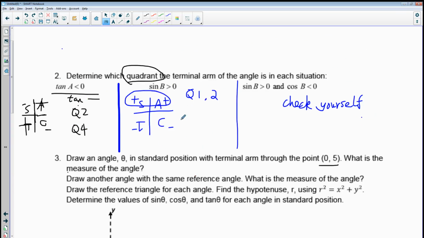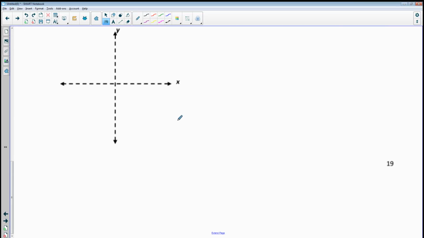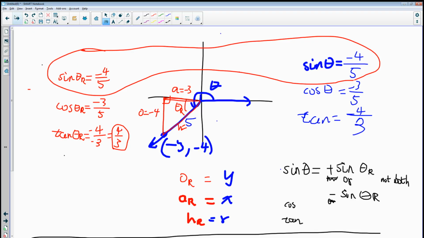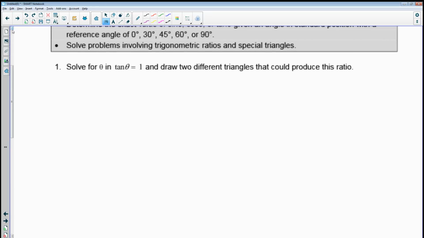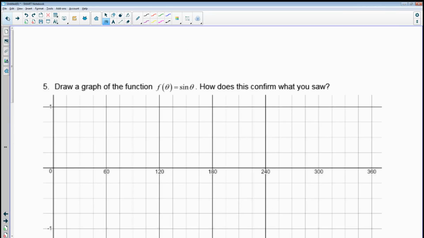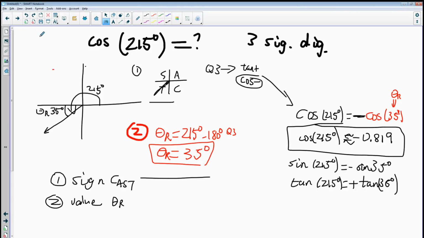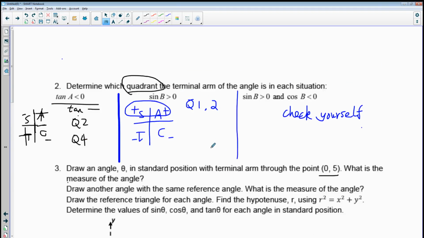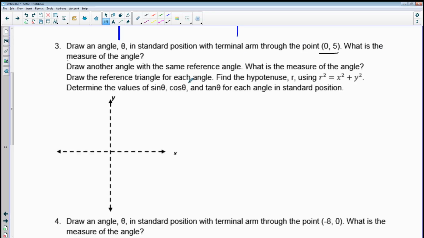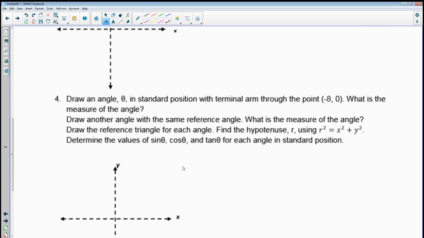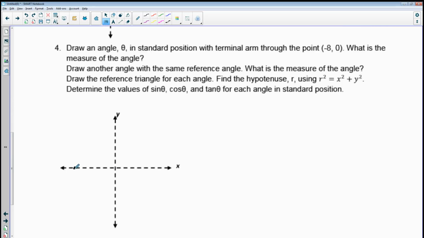All right, let's go back to the question I skipped. There are 2 questions here, 3 and 4. Skipping ahead, that ties into our next lesson, exact values of angles. We're looking at 2 very special angles here. One point is 0.5 on the y-axis. The other one is -8.0 on the x-axis.